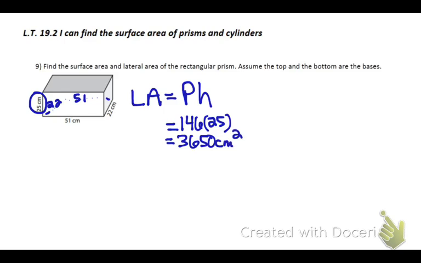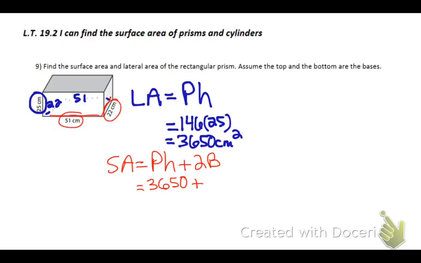Then we want to figure out the surface area. That is the perimeter times the height, so it's the same thing, but then we have to add the area of the bases. So that's 2 times the area of a base. We use our last answer, which is 3650, plus. Now the area of the base is just a rectangle, 22 times 51. It's the same on the top and the bottom.